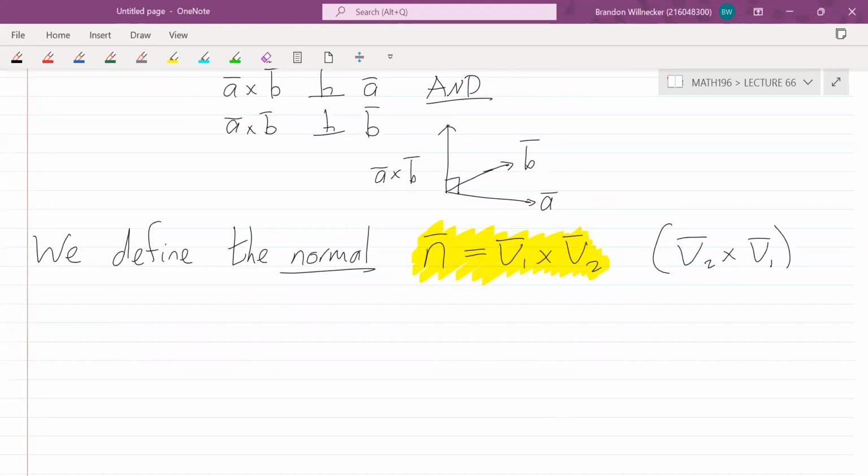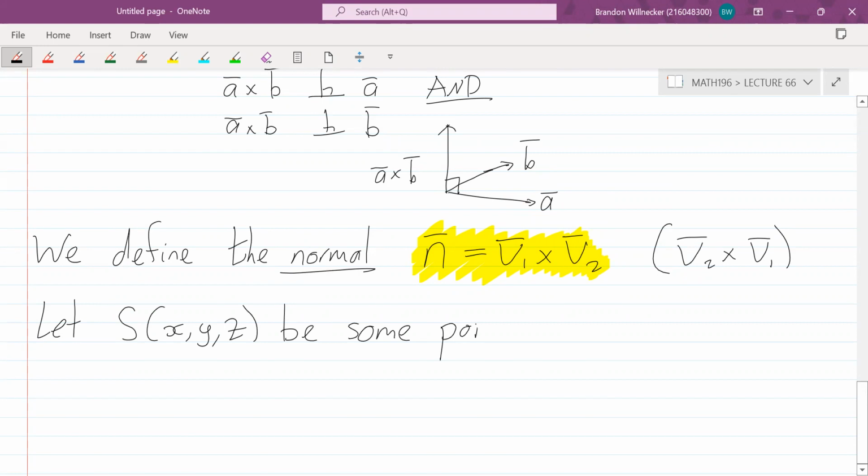So let S, (x, y, z), be some point in the plane. So we want it to be in the plane, and then we can use that to find the equation for the plane. And I'm going to leave it as x, y, z so that it can work for any point. It's not a specific point.